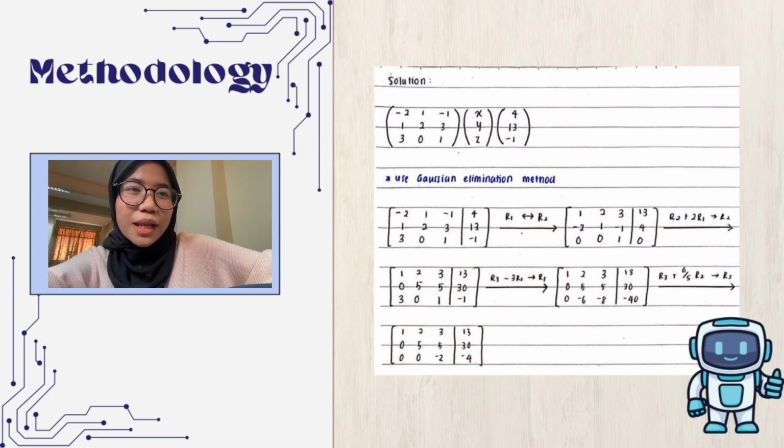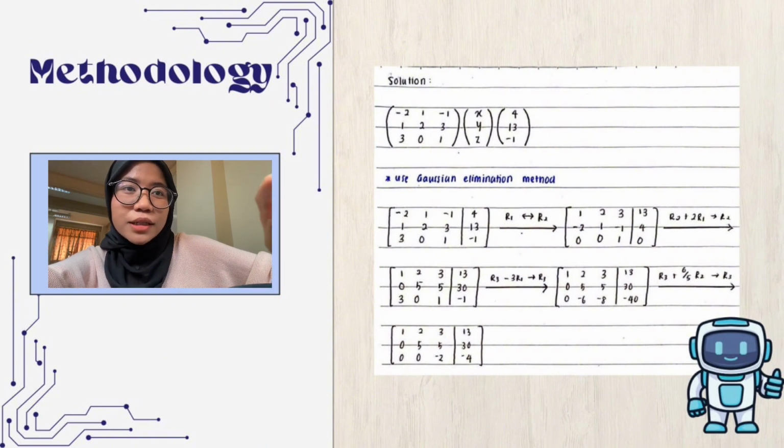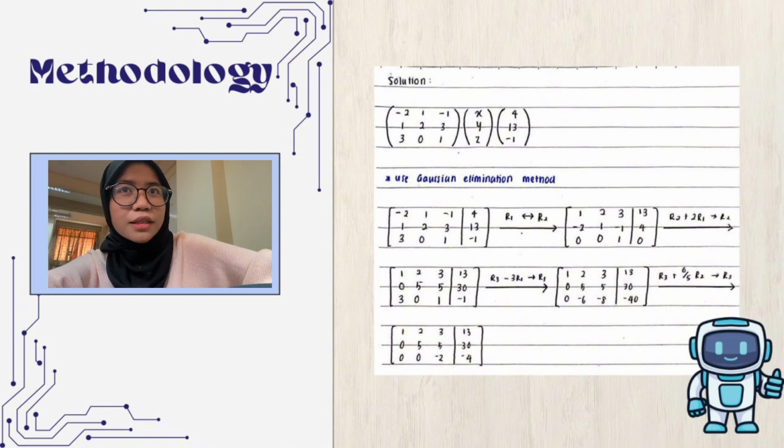Then we eliminate the first element of the third row by subtracting 3 times the first row from the third row, R3 minus 3R1, to replace R3. The first and second rows remain the same, and the third row becomes 0, negative 6, negative 8, and negative 40.